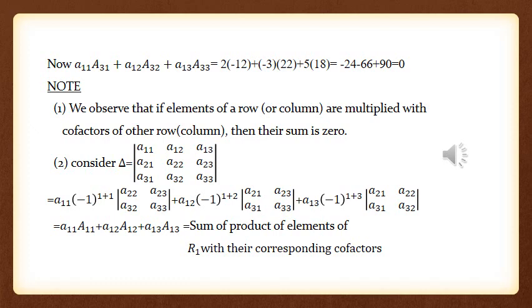If the elements of a row or a column are multiplied with cofactors of any other row or column, then their sum is 0. Understand that you don't take elements of a row and multiply with cofactors of a column. Elements of a row should be multiplied with cofactors of any other row, not with any other column.